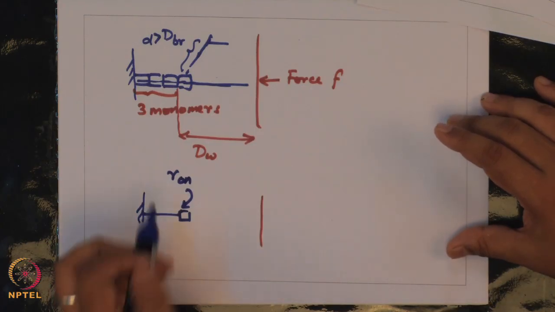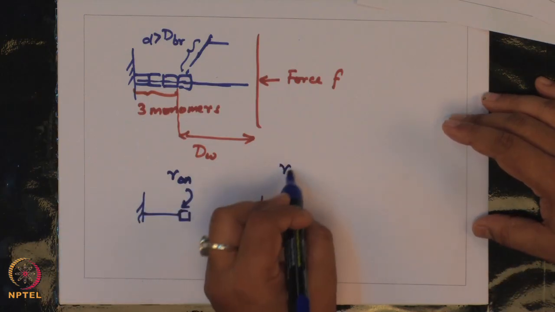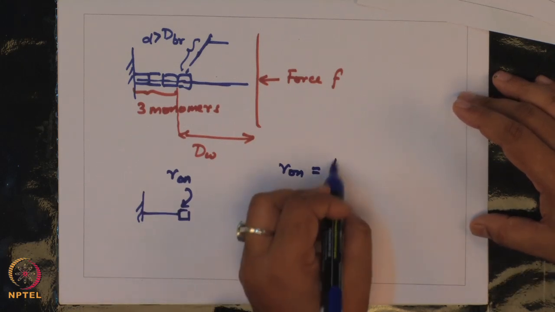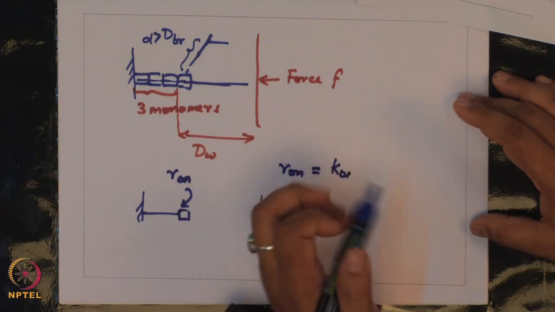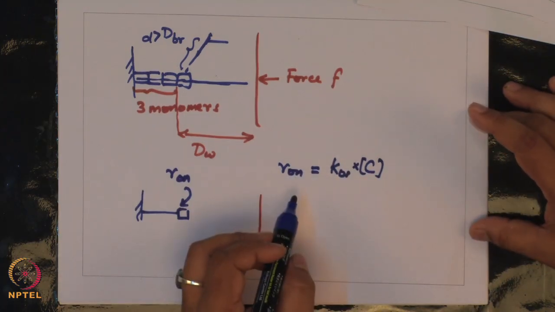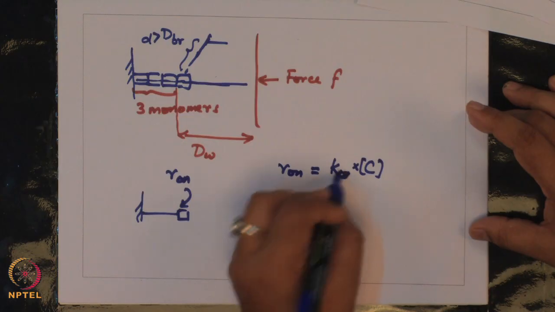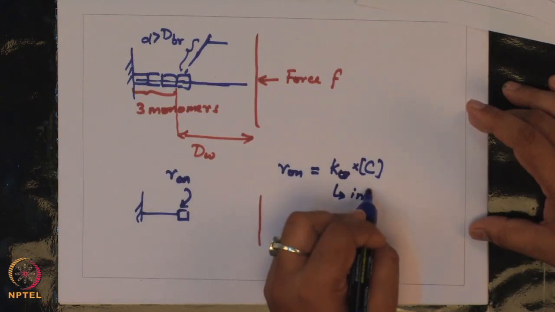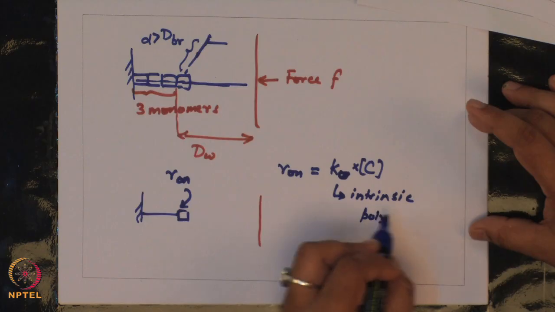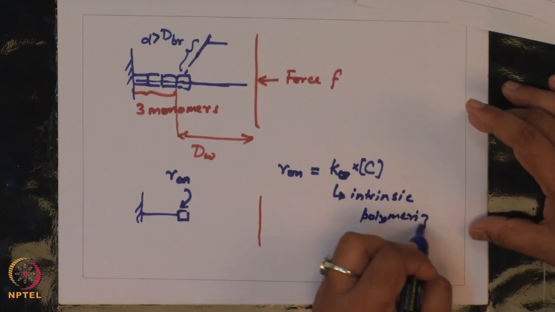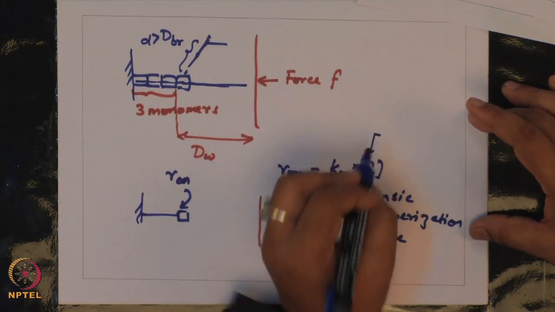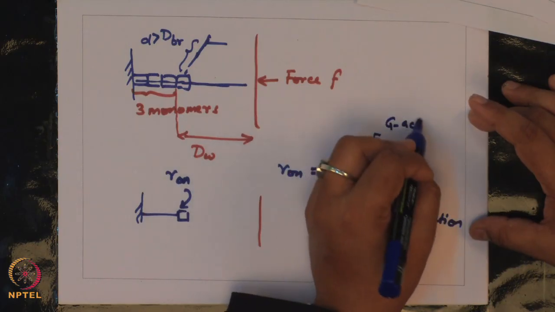This rate at which polymerization happens is dictated by two things. You can write the expression for r on as k0, which is the intrinsic polymerization rate, times the G-actin concentration.